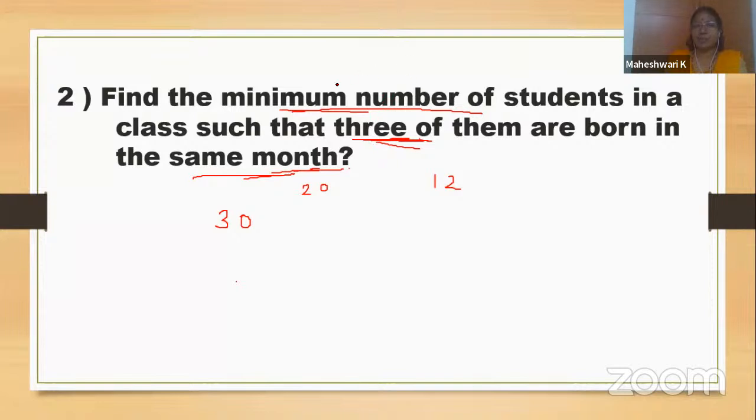The pigeonhole principle is only for the minimum, the least, at least. What you said is correct, that with 36 we'd have 3 people, but this is not the minimum. Even if we have 40, we'll have 3 people born in the same month. We're looking at the minimum number.